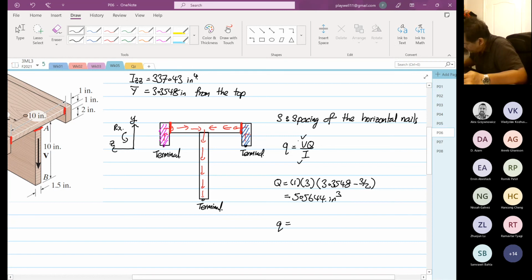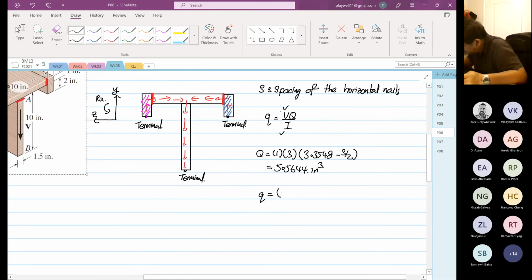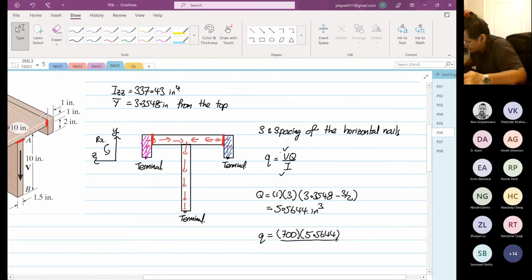So q is equal to V, which is 700, multiplied by Q, 5.5644, divided by the second moment of area, 337.43.